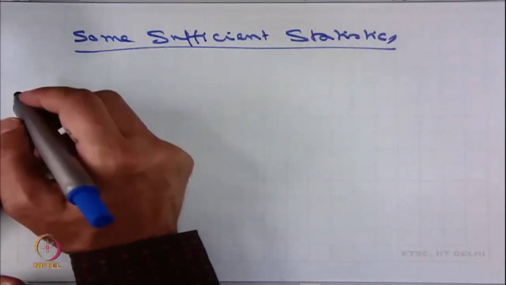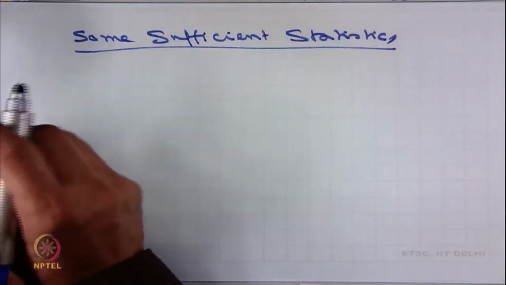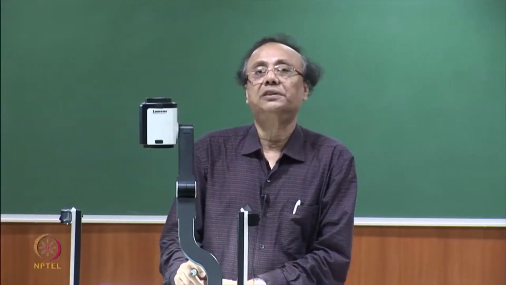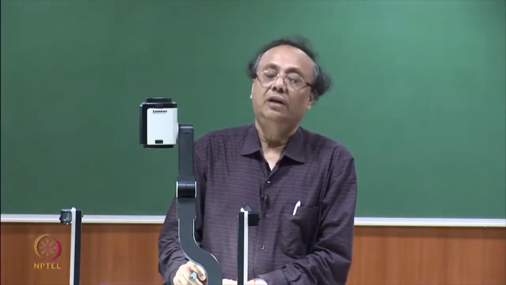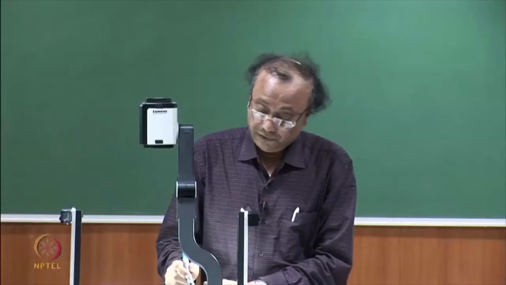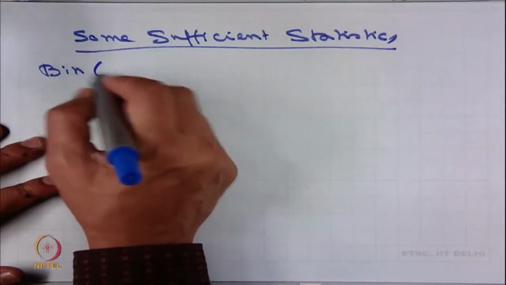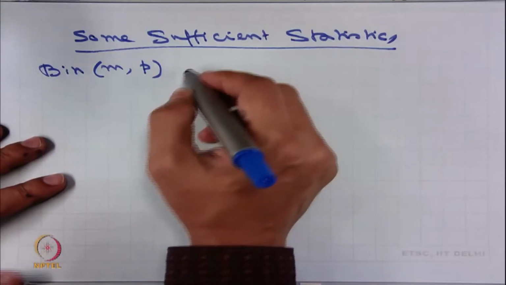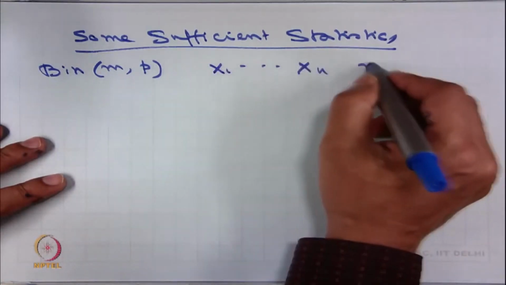When you look at the joint density, the term involving x1, x2, ..., xn, and the form in which it is associated with the joint density, gives us a clue of how to obtain a sufficient statistic. For example, binomial with m, p, and suppose x1, x2, ..., xn are n samples.